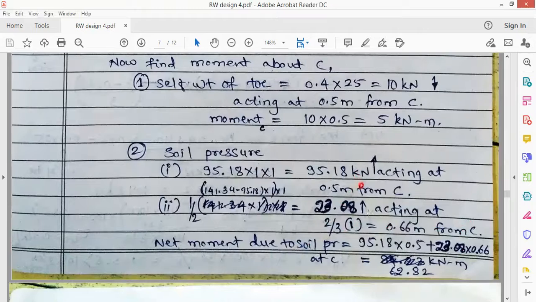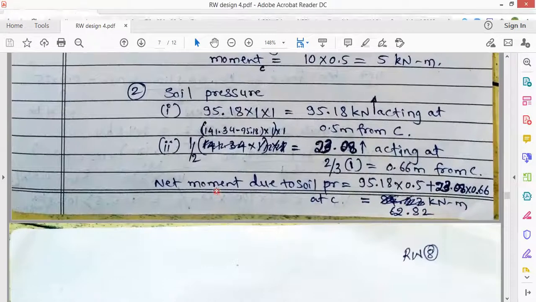So now I have the force and the distance, so I will calculate net moment due to this soil pressure. So net moment due to soil pressure is equal to 95.18 into 0.5 meter plus, because both are acting in upward direction, so plus 23.08 into 0.66. So total moment at C point is equal to 62.82 kilonewton meter.